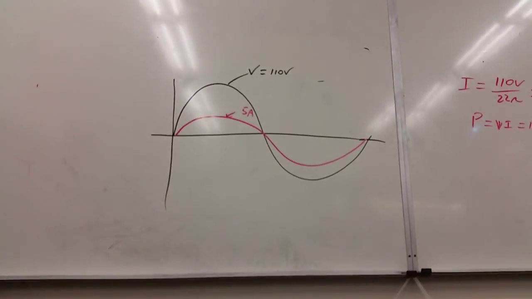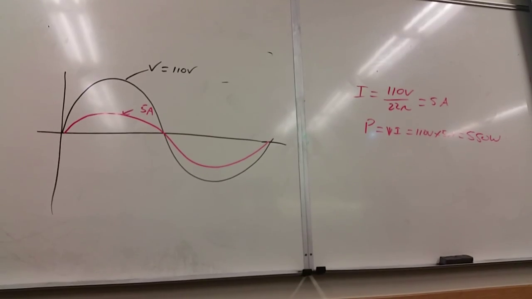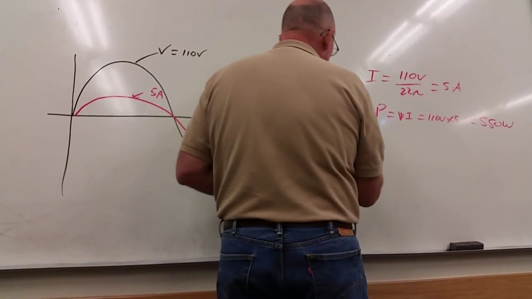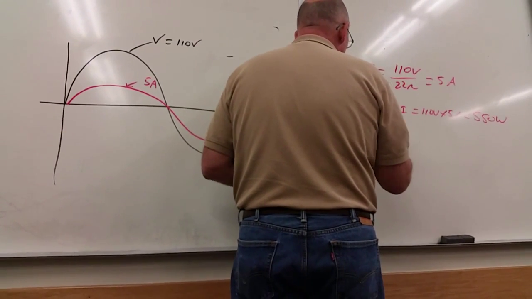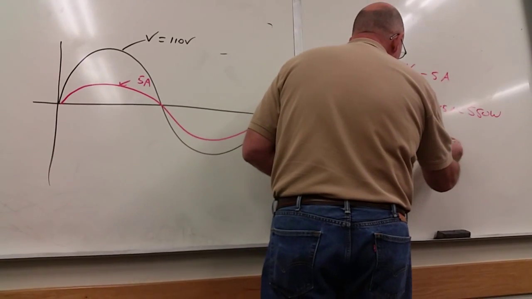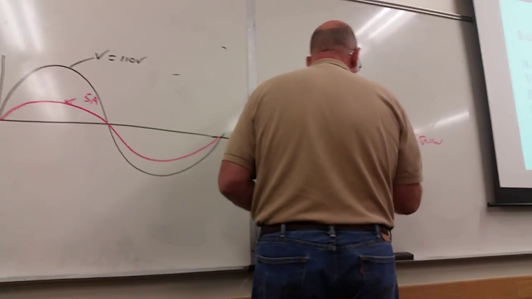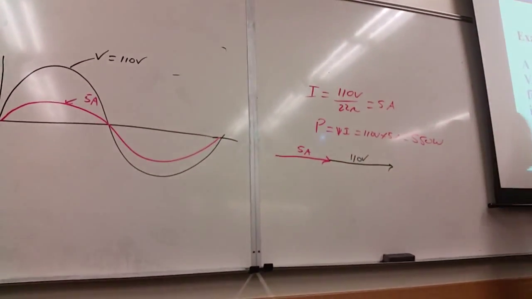Now if I'm to draw a diagram to represent the power, I'd have a diagram like this representing 5 amps, and since they're in phase, this would be my 110 volts. And this whole line would represent what?